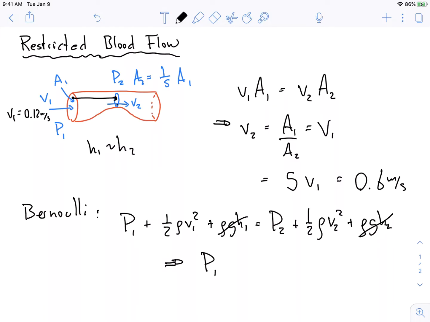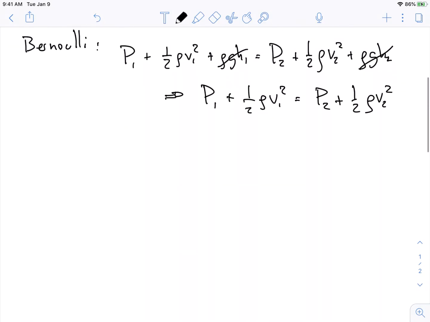And we're left with P1 plus 1/2 rho V1 squared is equal to P2 plus 1/2 rho V2 squared, which implies that P2 is equal to P1 plus, and I'm going to move this V2 to the other side and group a bunch of stuff together, 1/2 rho times (V1 squared minus V2 squared).